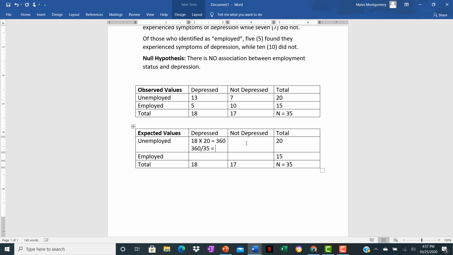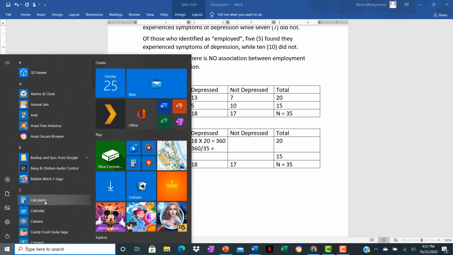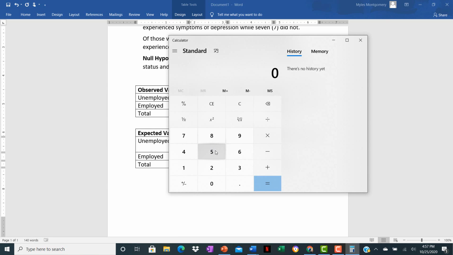Just to be absolutely sure, because we're dividing an even number by an odd number, I'll use the calculator: 360 divided by 35 is 10.29, because we round up that digit in the hundredths place. So 10.29.